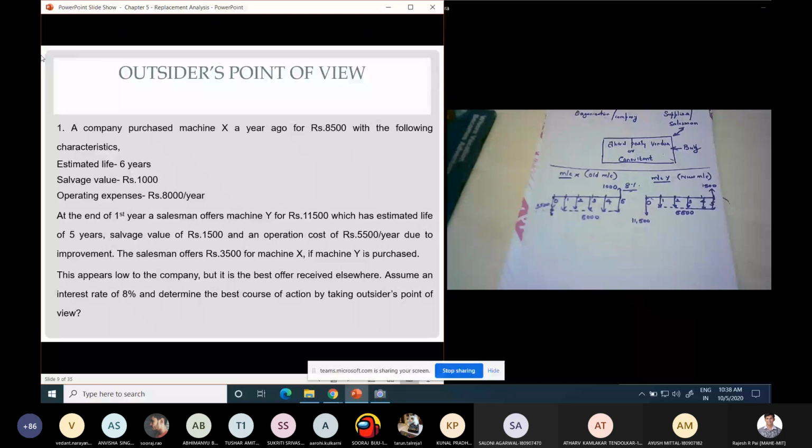Correct? Here, the 8,500 has already been paid last year at the time of purchase. Now, 1 year has already passed. So again, you cannot bring that into our analysis because that has already been paid and its account has been closed now.